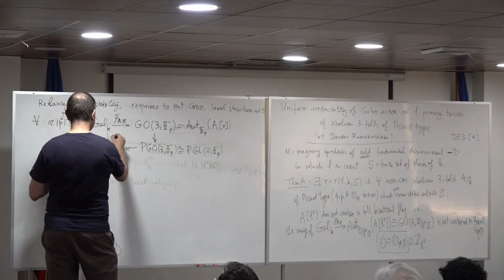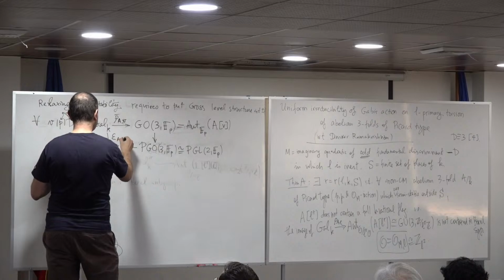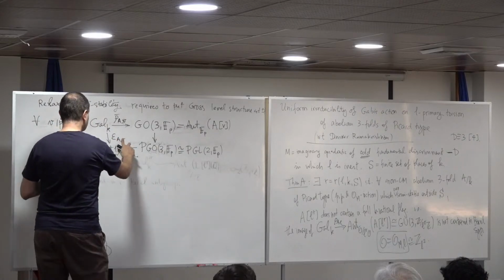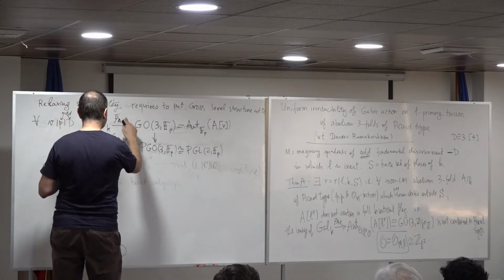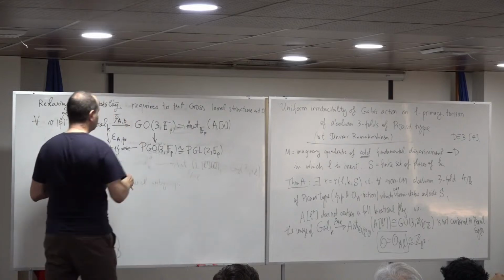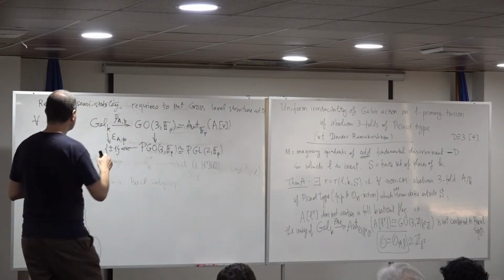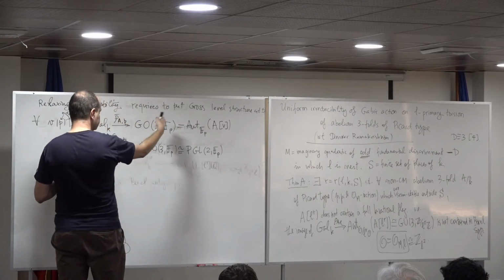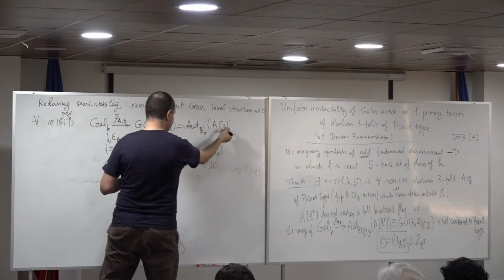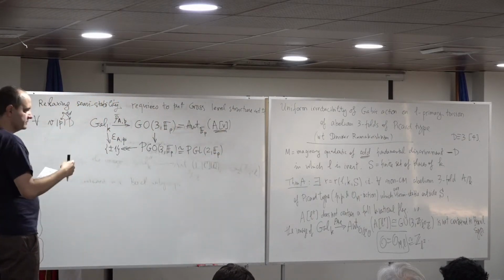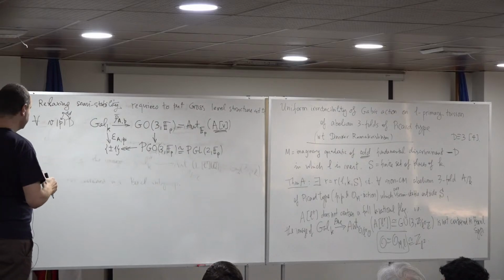And I denote this map epsilon A v. Or maybe let's keep p because it's more convenient. Bar means mod v. Just this is the Galois action on the v torsion. p is inert. So, sorry, p is ramified.